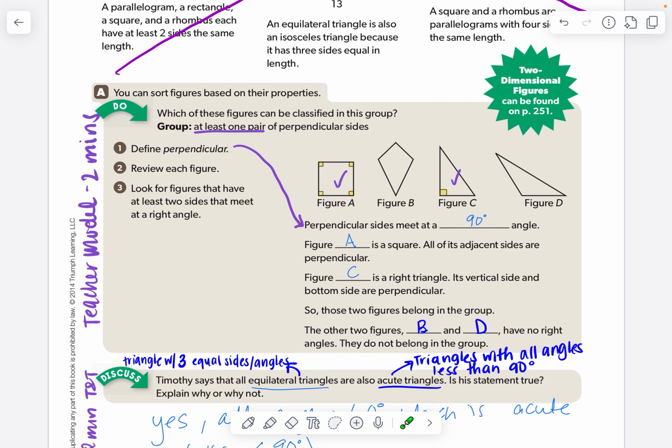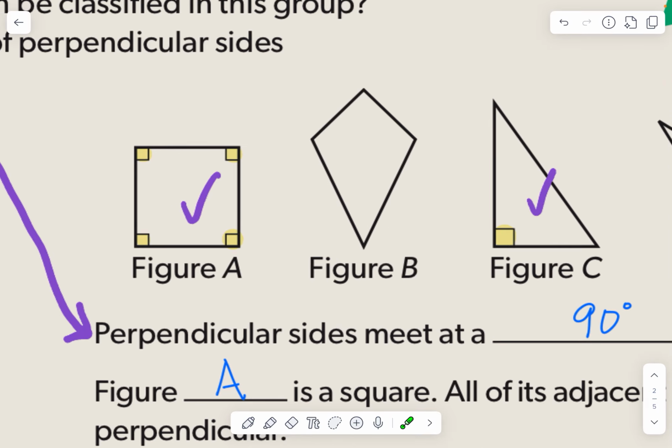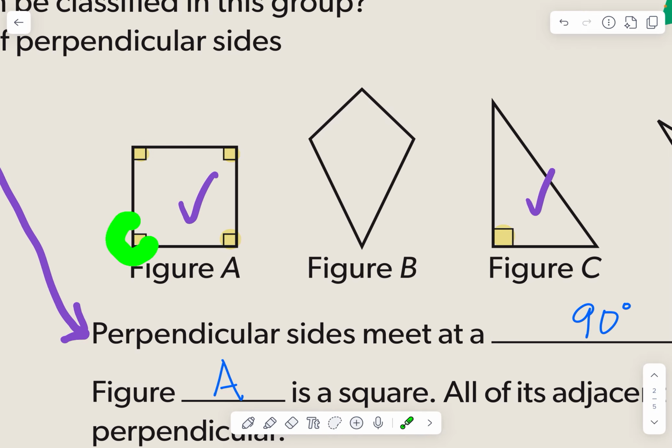Okay, so it says define perpendicular sides meet at 90-degree angles. Go ahead and ask the kids, do you see any 90-degree angles? Students should be able to identify whenever they see these squares in the corners of shapes that those are right angles, which are also 90 degrees.